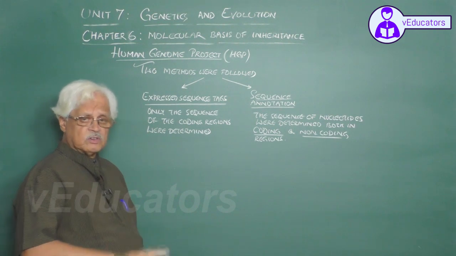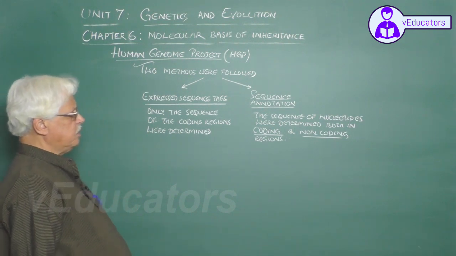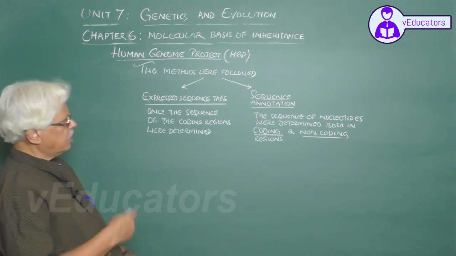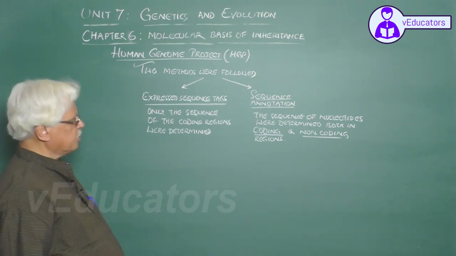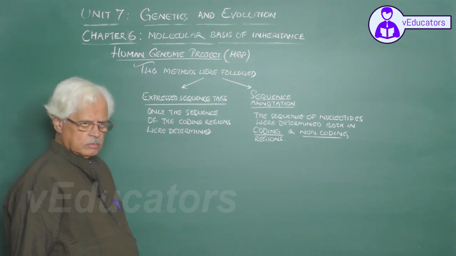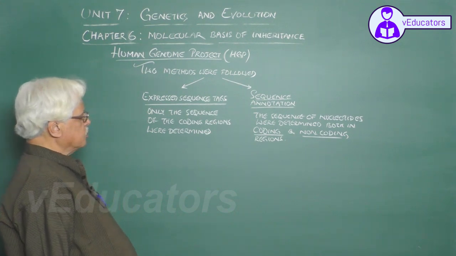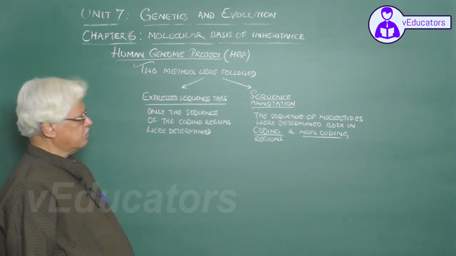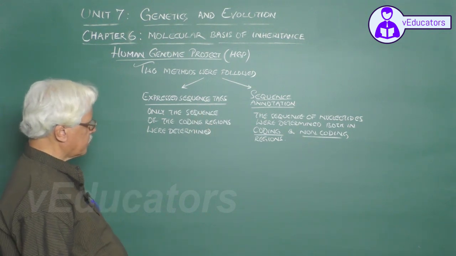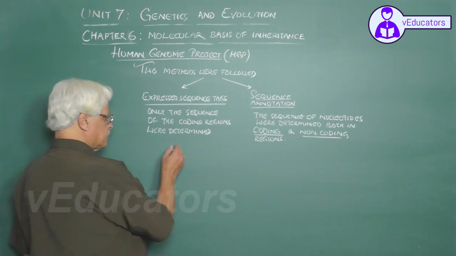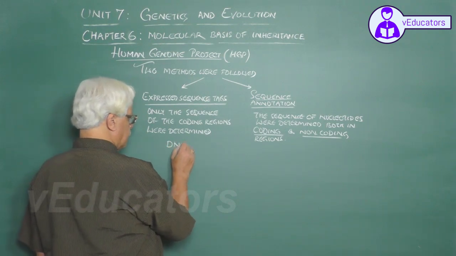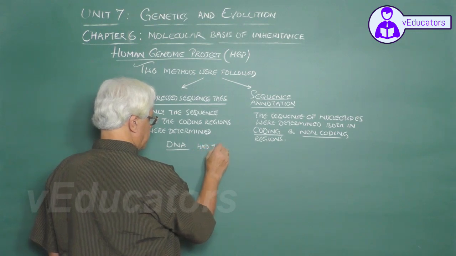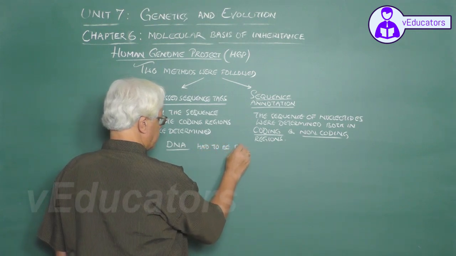So the entire sequence of DNA was determined, and the information obtained was later used for knowing the sequence of nitrogen bases. For this purpose, the DNA had to be fragmented.